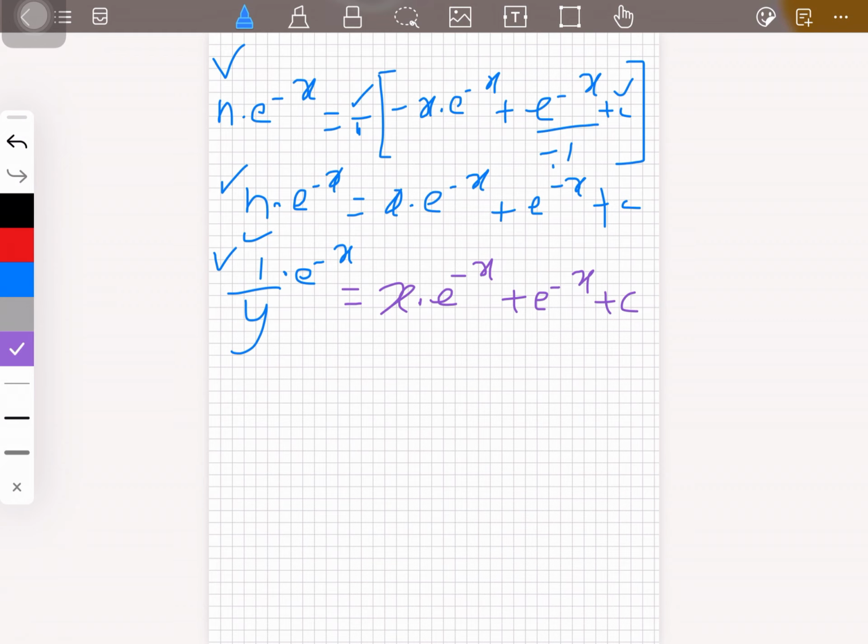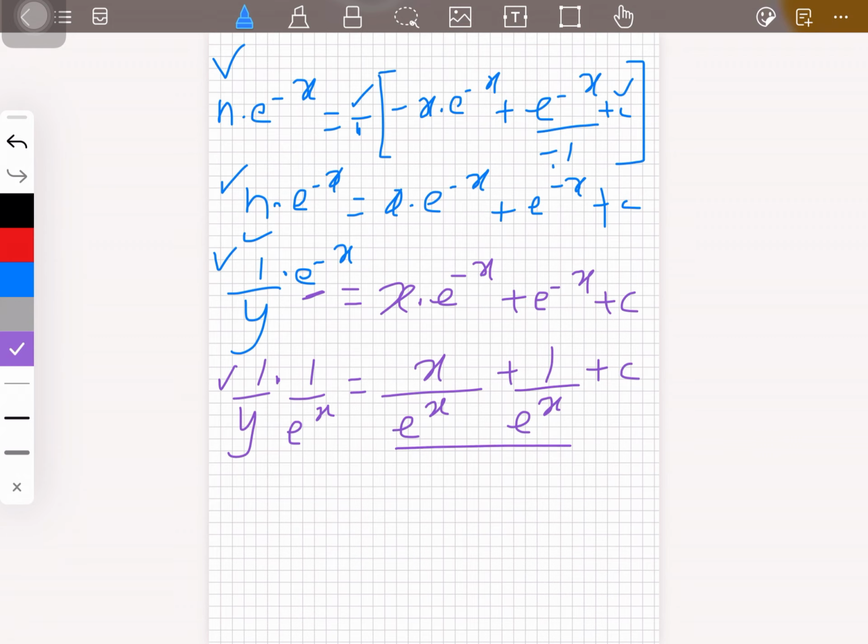Now we can express this as 1 over e to the power x. So 1 over y times 1 over e to the power x is equal to x over e to the power x plus 1 over e to the power x plus c. Now let's take the LCM over here and here.